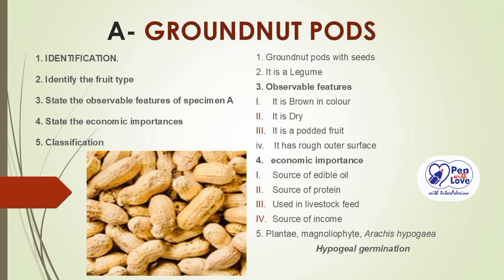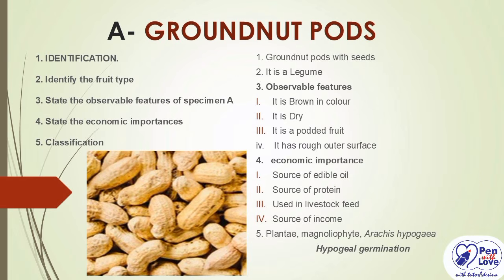Now, the first question that can be asked under specimen A is identification. All specimens given to you will be asked to identify. According to the way WAEC used to put their questions, they can ask you to identify specimen A to P, specimen A to R or Q, whatever.